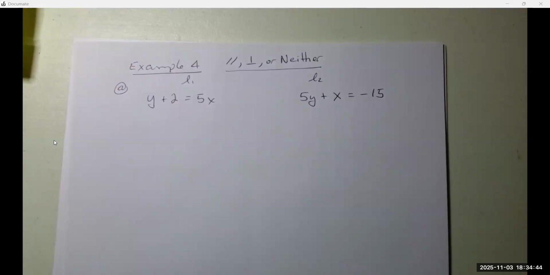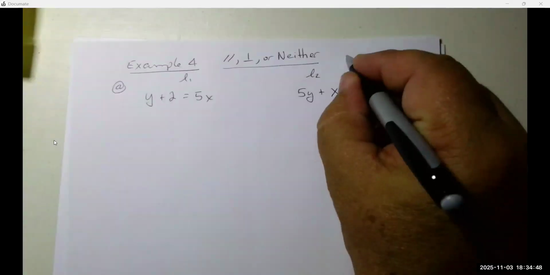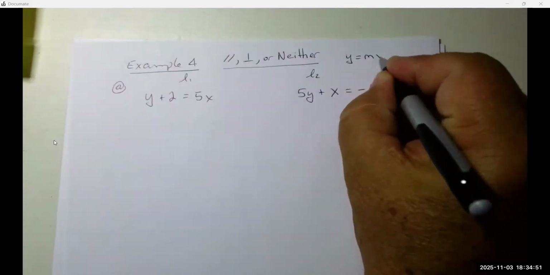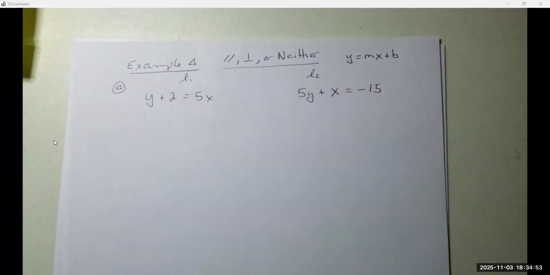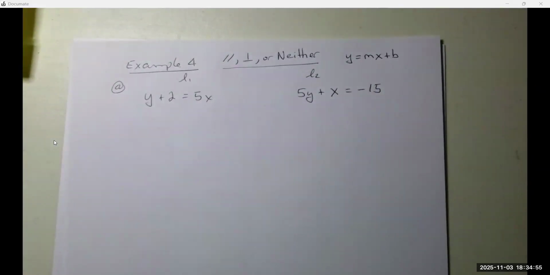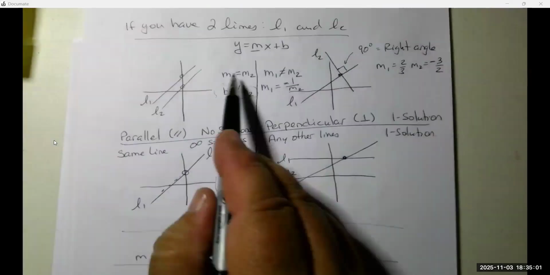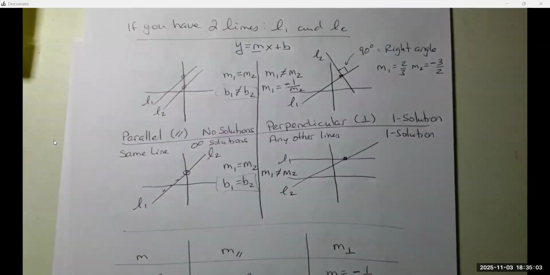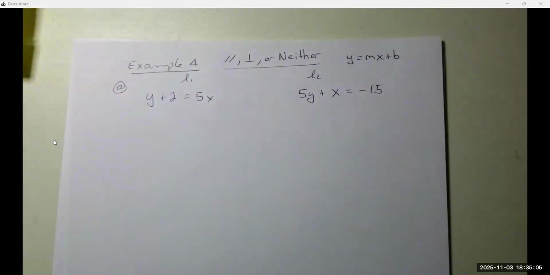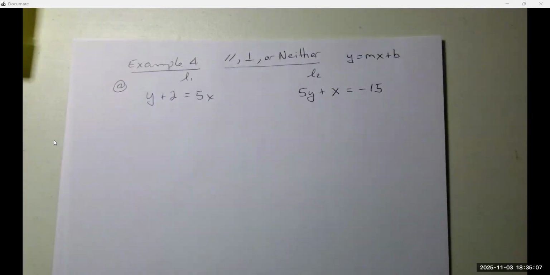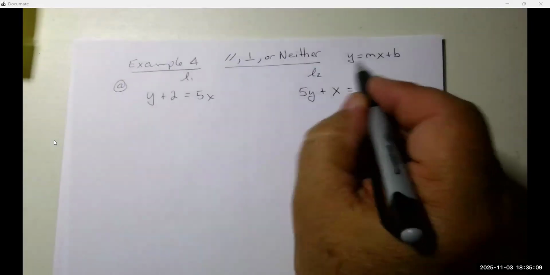What you have to do here is the only way you can compare two lines is if they're both in this form, because that's the way we compared these other ones. We have to be able to compare the slopes and the y-intercepts. So in other words, we have to solve for y in both of these.